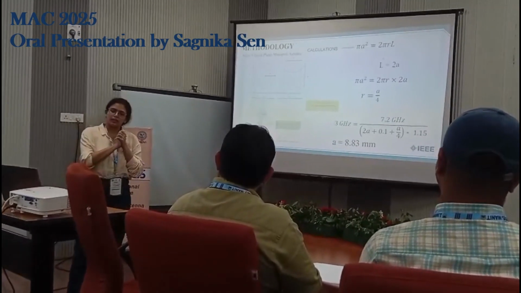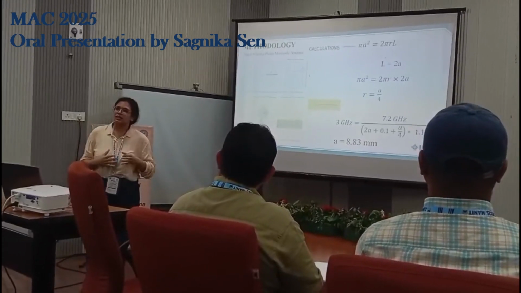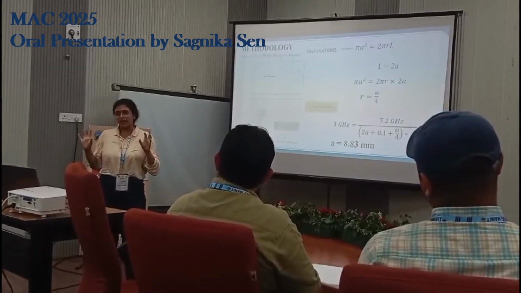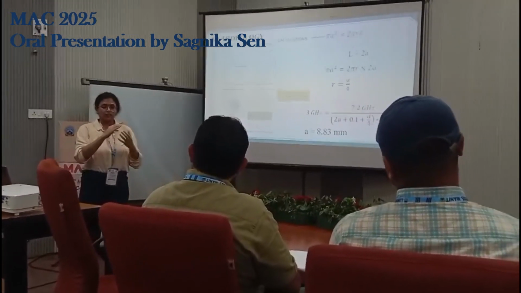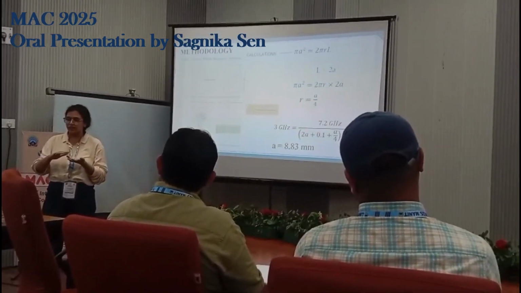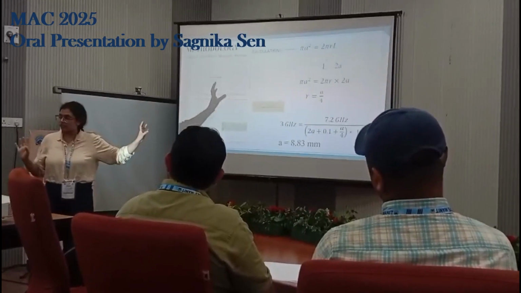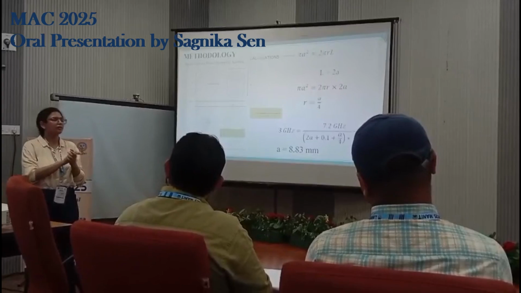Now moving on to the methodology. K.P. Ray mentioned in one of his papers that the surface areas have to be equal. The radiating patch of the planar antenna and the surface area of the cylinder, that is the traditional wire monopole antenna, have to be equal.